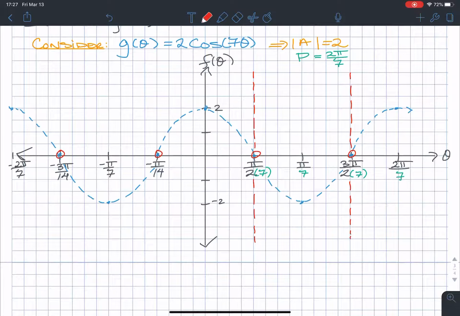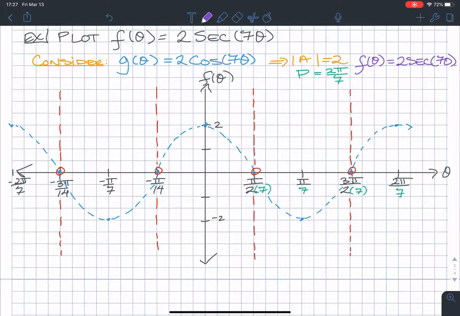Okay, now plotting f of theta being equal to 2 secant of 7 theta. Oh, gotta move that over a bit. Let me rewrite that. So f of theta equal to 2 secant of 7 theta meets cosine at the peaks and the troughs.